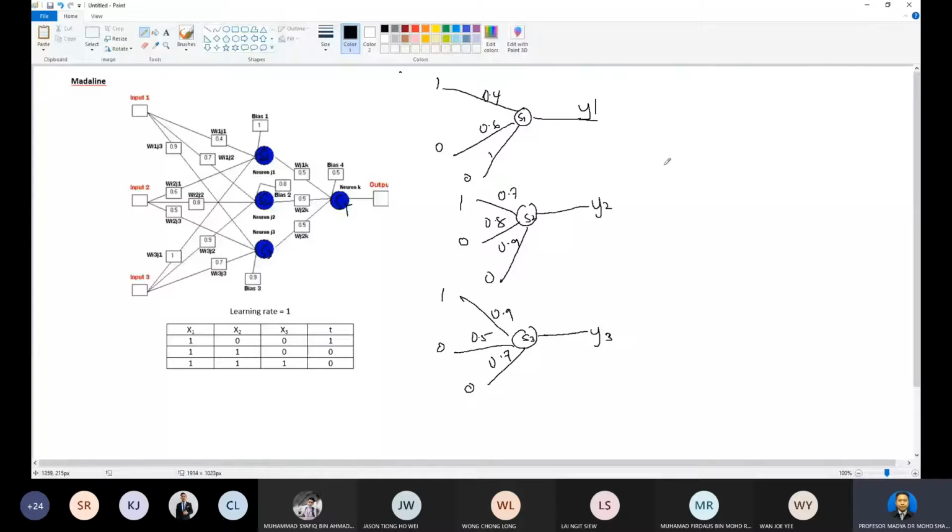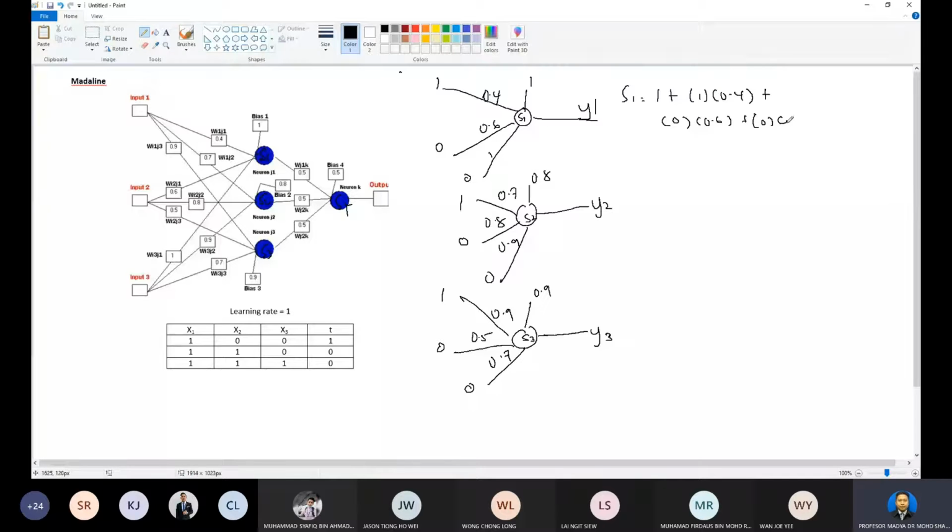Next you have to calculate S1. I forgot to put the bias: the bias is 1 and the weight is 0.9. So 1 plus 1 multiplied by 0.4, plus 0 multiplied by 0.6, plus 0 multiplied by 1.